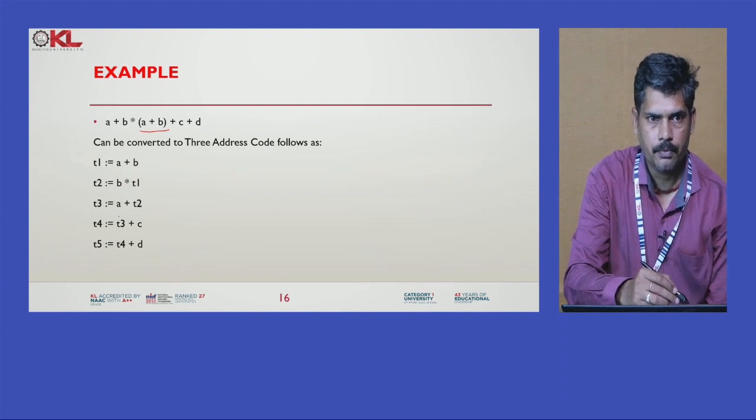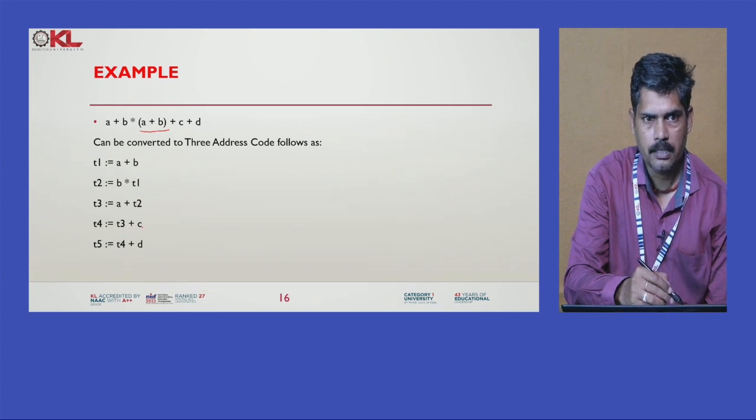Then t3 is equal to a plus the result of t2, t4 is t3 plus c, and t5 is t4 plus d.